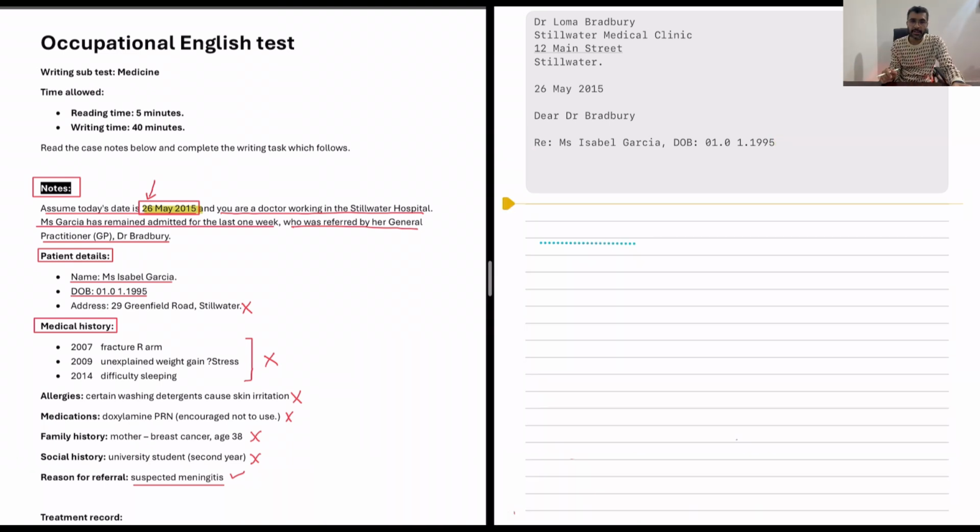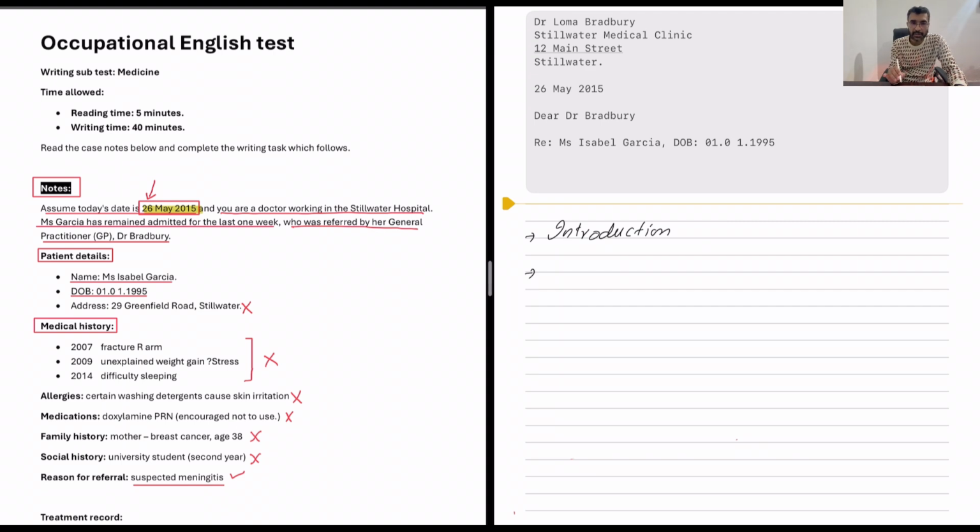Before I write the letter, I will discuss its structure. The structure of an update letter is exactly similar to a discharge letter. So let's start. Definitely, the first thing is the introduction. Like every letter, the introduction is first. Immediately after the introduction, we'll write the complaint with which the patient was admitted.